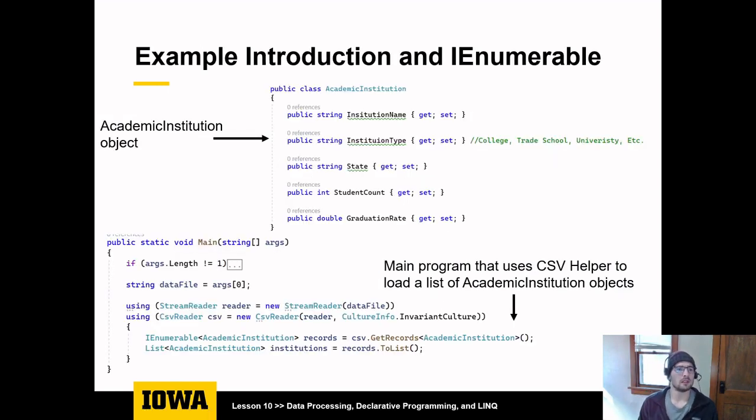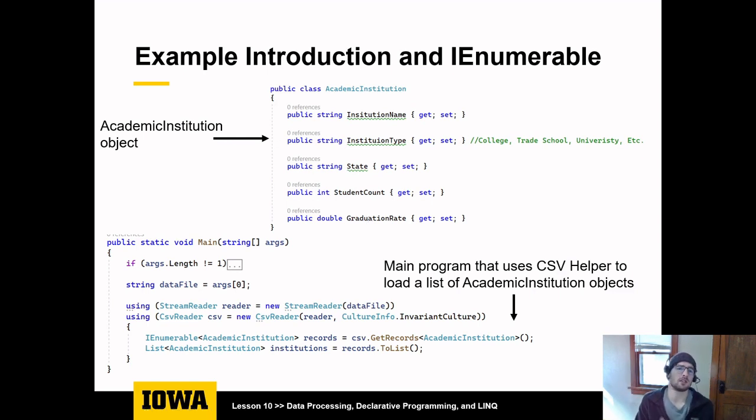Okay, so with that, we are going to be introducing, for the sake of these slides, this class. The class is an academic institution, and it has some properties: a name, an institution type, a state, the amount of students at that institution, and the graduation rate at that institution, right?